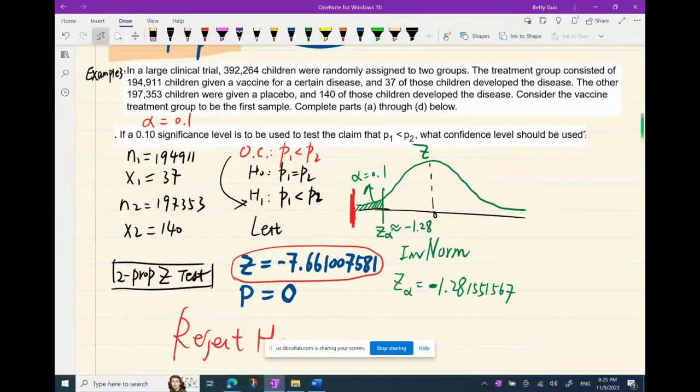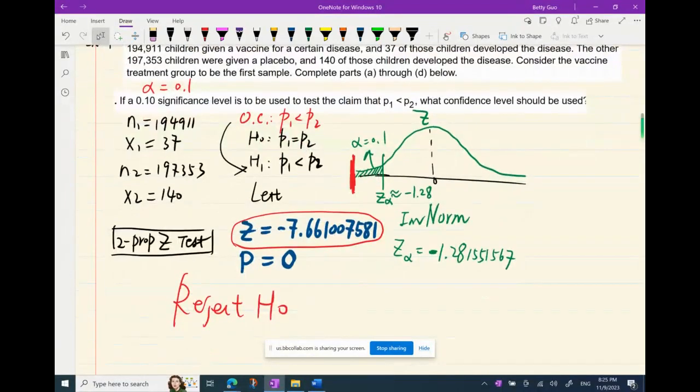So we reject null. Let's see, if we reject null, how do we make the formal conclusion about the original claim? When we reject null, we say we have sufficient evidence to support the original claim.